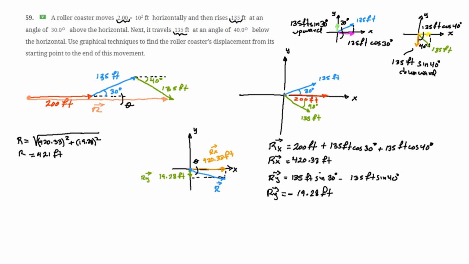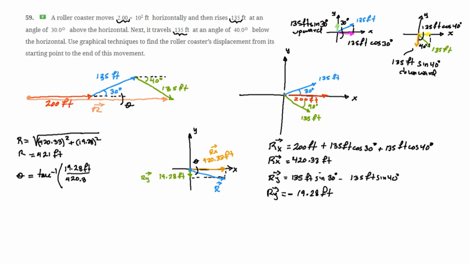Now you calculate also the angle theta, this angle that I show you over here. That is the angle of the resultant of the three vectors with respect to the horizontal, and it's below the horizontal. And that angle is the tangent inverse of the y component, 19.28 feet, divided by the x component, right? It's always delta y over delta x, so it's just 420.33 feet.